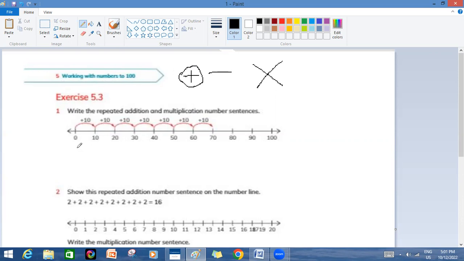So how are we going to get 10? In the 0, we have to add 10. So it is going to be plus 10. We are going to get 10. How are we going to get 20? We are going to add 10 plus 10. So it will be 20.